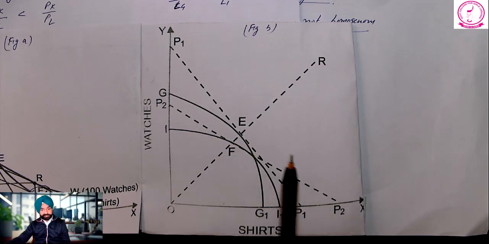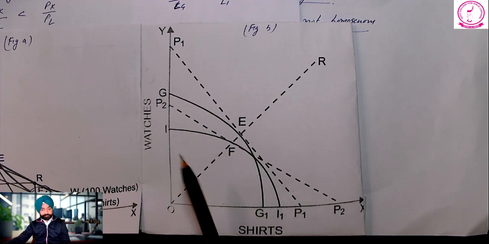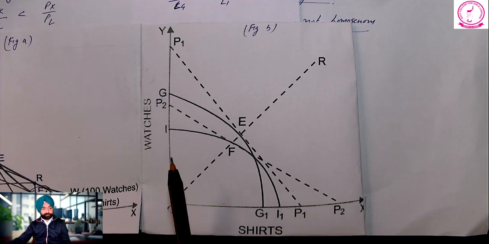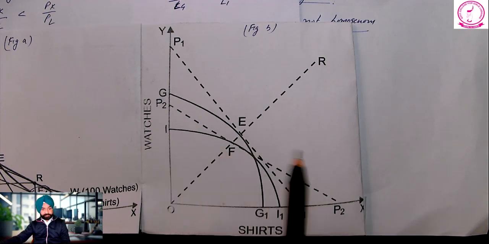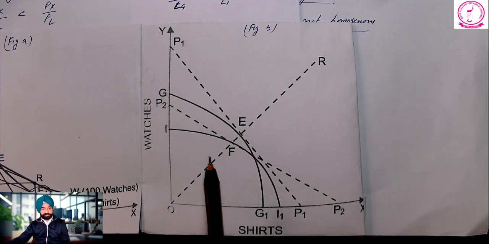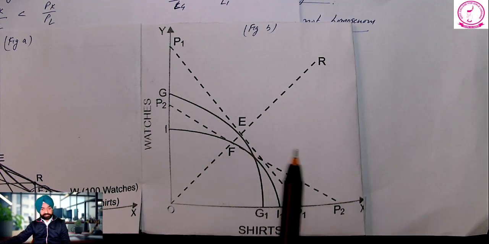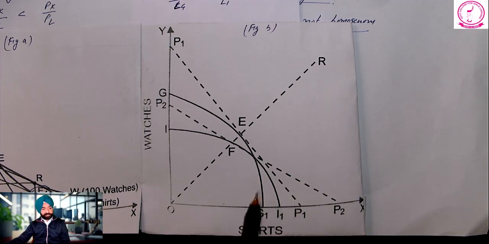So this OR curve represents the expansion curve, or that path at which equilibrium is maintained. At this point, both countries can produce at equal rates. So this curve represents the physical criteria, or how much physical quantity can be employed by both the countries.